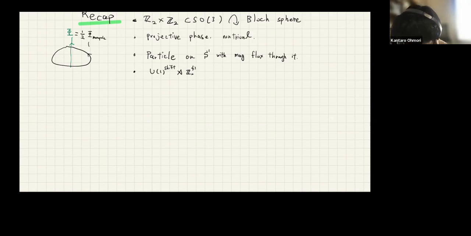In the variable we are using, theta equals pi. Then this has a non-trivial projective phase.